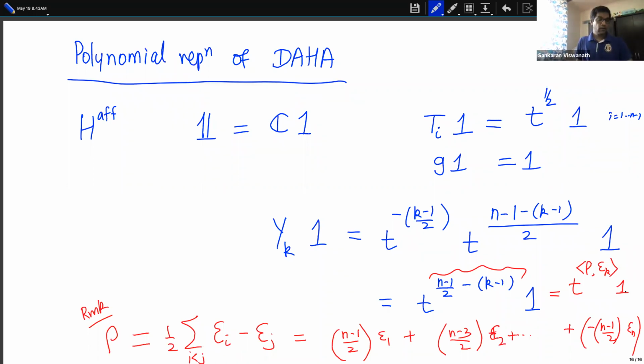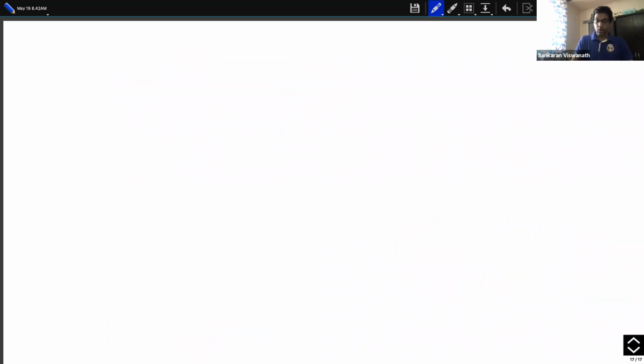And what is it that we want to understand? So, okay, what's the polynomial representation itself? Recall from what Raghavan mentioned, the polynomial representation is just, you can think of it as C[x^{±}]. It turns out to be what you get when you induce from the affine Hecke algebra to the DAHA itself.